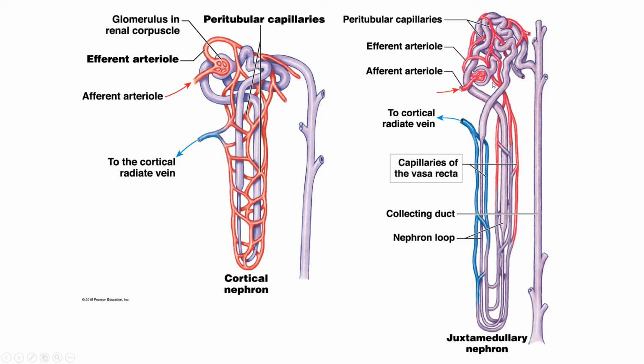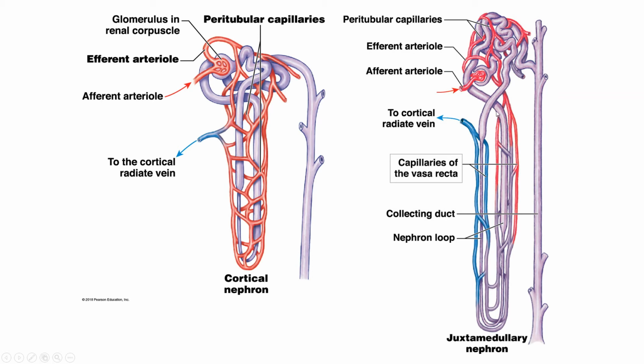Of course, the cortical portion of the nephron is going to be surrounded by these peritubular capillary branches. And then you have the nephron loops, which are going to be surrounded by the vasa recta.